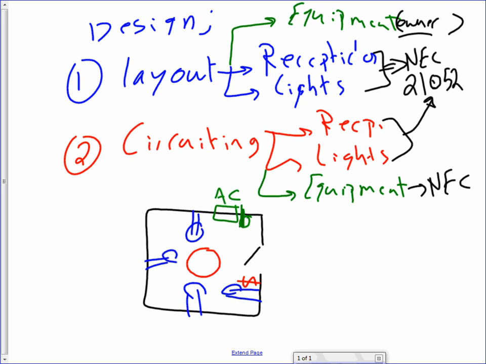So now I want to circuit them. We call it spaghetti. I'm going to come from here and tie these two together. Can you guys see that? That's what you're going to do with me this week, from here to here. And I take a home run, and I label it circuit number 1, P-1.